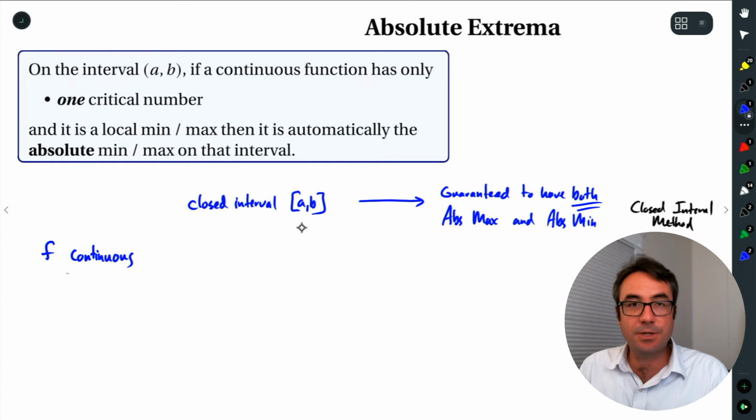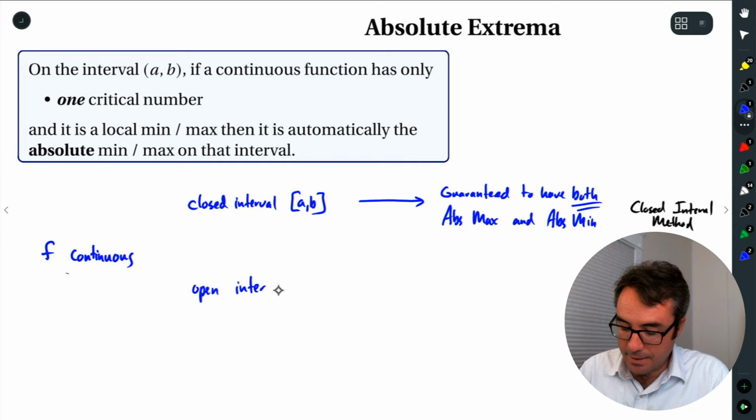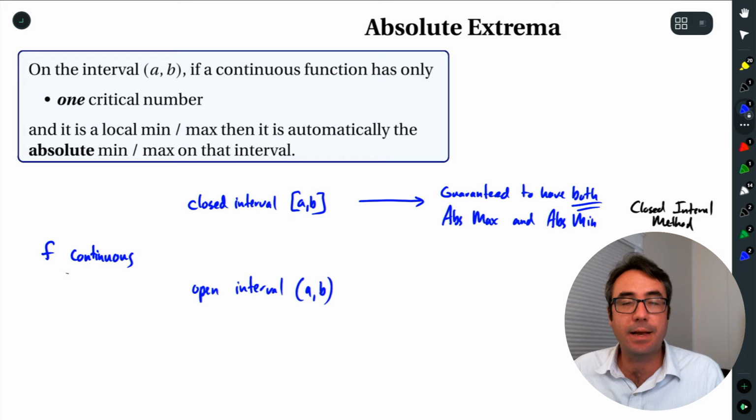So a lot of times, though, we're interested in open intervals where the endpoints necessarily aren't included. And so we might have something like the interval from a to b. So if we have an open interval from a to b, the closed interval method isn't going to work, so we're definitely not guaranteed to have an absolute max or an absolute min.